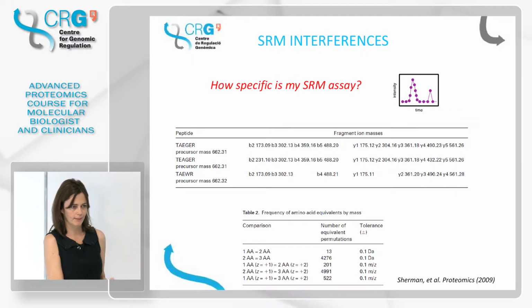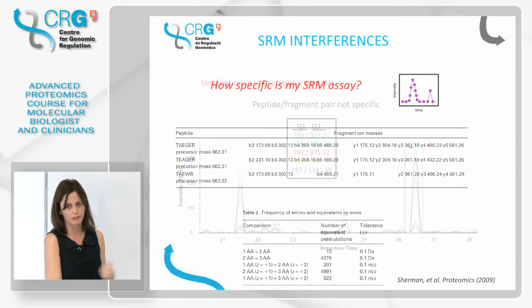This is what gives rise to what we call interferences in SRM, and it is going to affect our identification. We may think we are identifying our protein, and we are not.